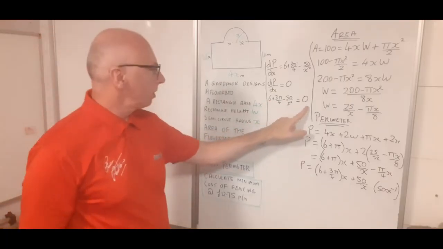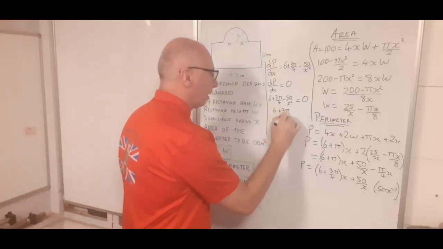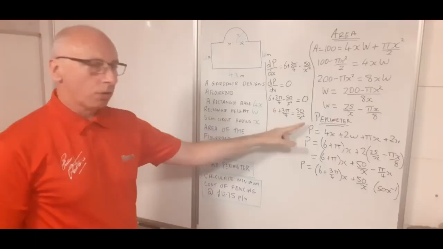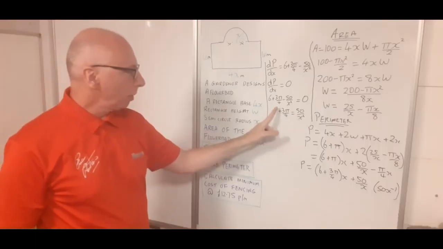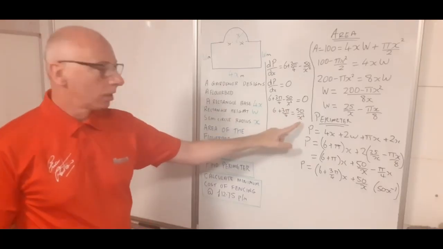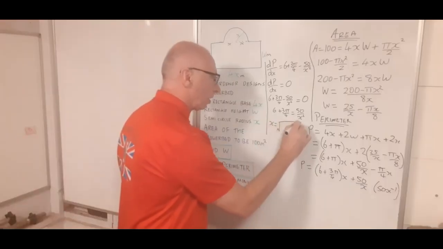Bring this over to this side. So 6 plus 3 pi over 4 is 50 over x squared. Now all I've got to do, by the cross multiply method, is change places with the x squared and all of this and take the square root. So then I'll have x equals the square root.